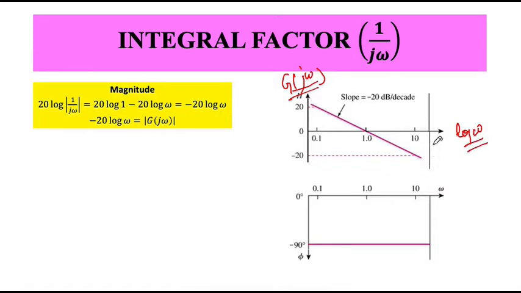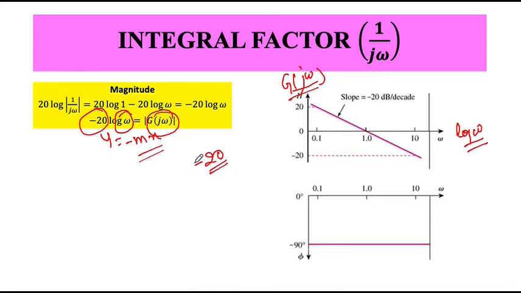You can see this is of the form y equals minus x. Y is my magnitude, x is log omega. So this is a straight line, minus 20. It is a straight line with a slope of minus 20.